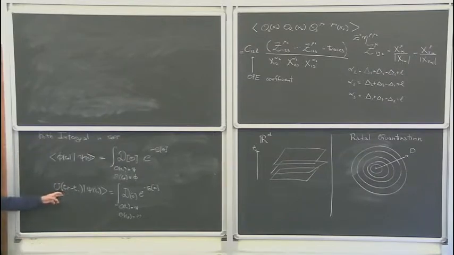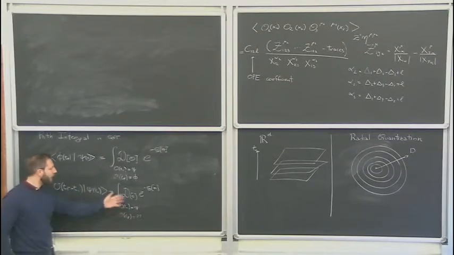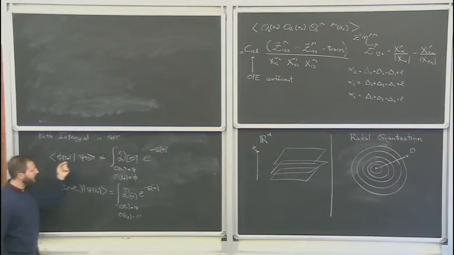Okay, so this is a definition, if you want, of an evolved state starting from the state psi. You get the evolved state by simply integrating over field configurations without fixing the endpoint. And then by definition, if you project this state to the state psi, you get precisely the definition as before.